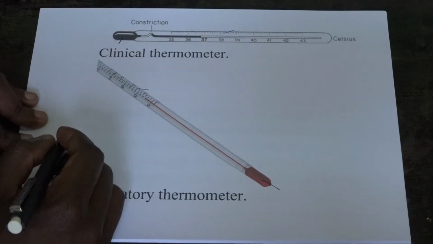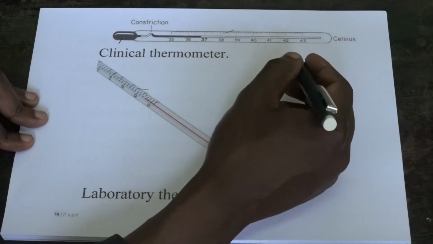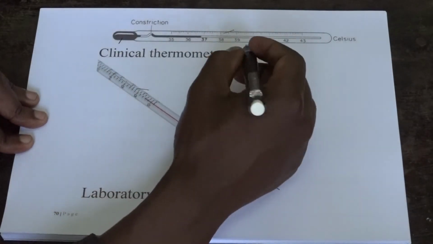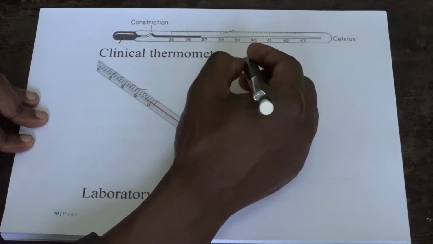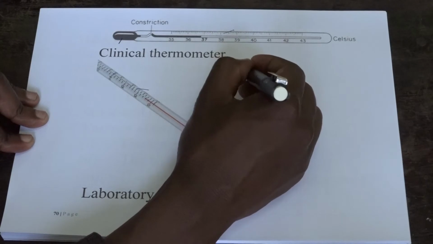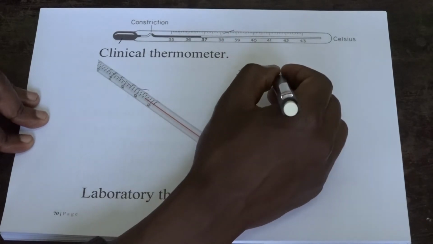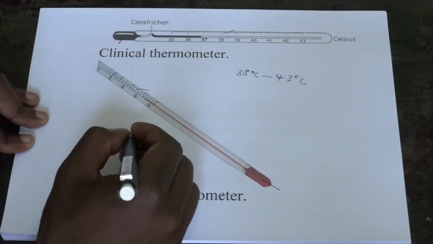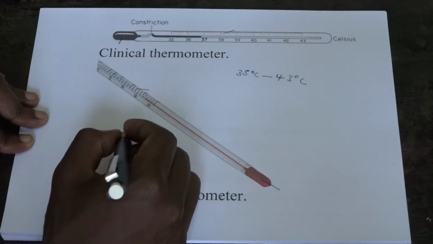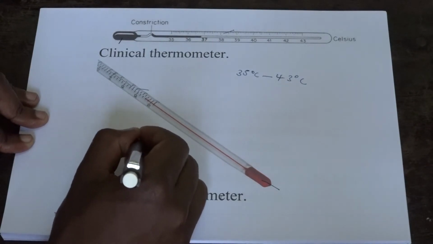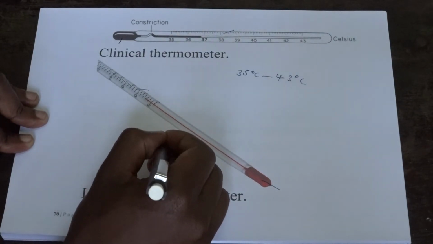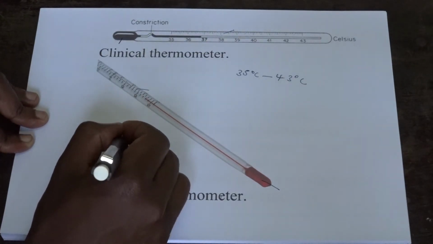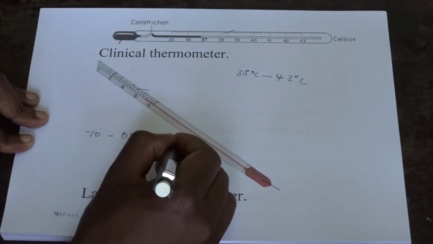But the major difference is that this one is normally shorter compared to the laboratory thermometer, because it has a reading up to 40. It goes from 35 degrees Celsius to 43 degrees Celsius, while the lab thermometer goes from negative 10 degrees Celsius to 110 degrees Celsius.